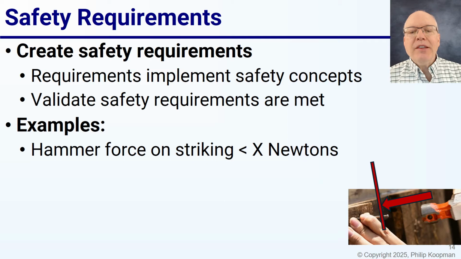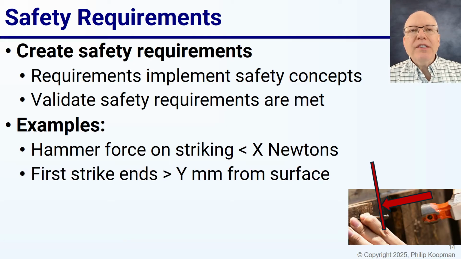Some examples: you may say we're going to limit the hammer's force on the first strike to less than some number of newtons, because we've looked at a lot of nails and a lot of wood, and if the strike force is so many newtons, we're probably going to hit our initial strike, and we're unlikely to go all the way into the wood. We can also say the first strike ends so many millimeters from the surface, because even though we limit the force of the strike, it might still go in too much if the wood is really soft.